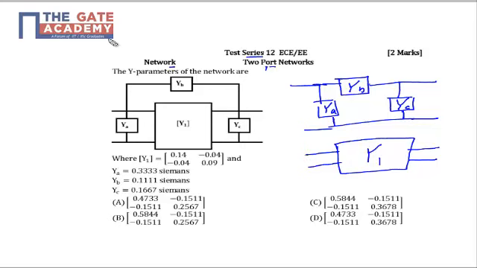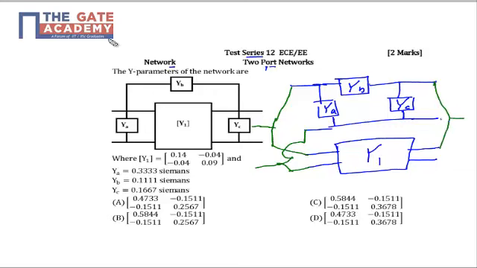So what is meant by parallel connection? In a parallel connection, if two networks are connected in parallel, both the ends are connected to the same point. I'm just drawing it roughly. It could be one network like this and another something like this.